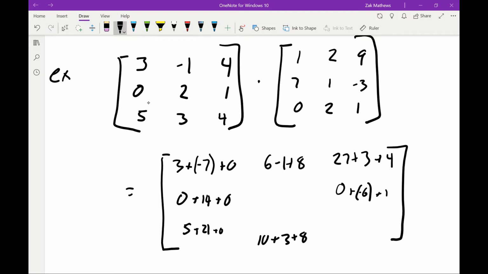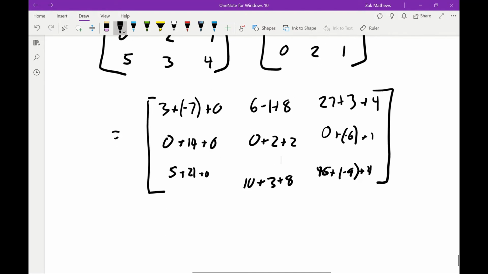Then I have my second row, second column. 0 times 2 is 0. 2 times 1 is 2. And 1 times 2 is 2. And the last cell that I need to complete is this third row, third column. So I'm going to take my third row and third column. I have 5 times 9, which is 45. I have 3 times -3, which is -9, and I have 4 times 1, which is 4.